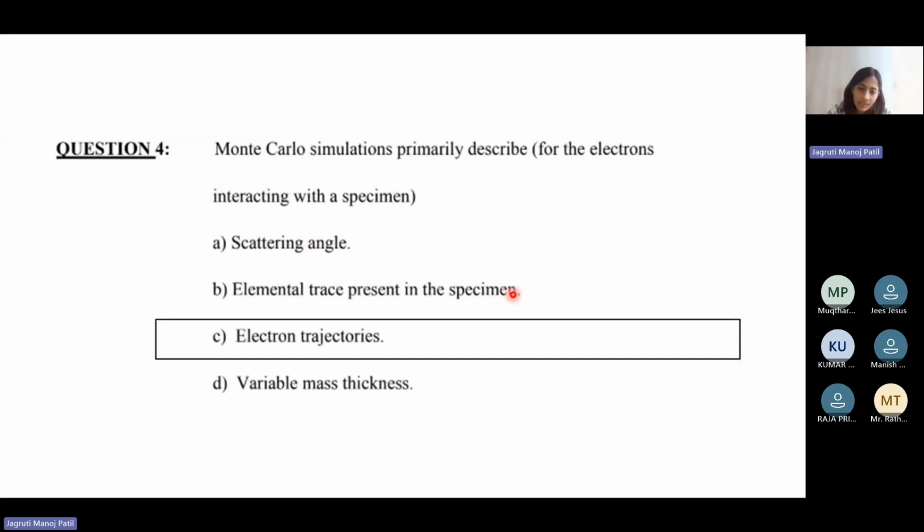The specimen is yours, so you should know what elemental trace it has. So because you are making the specimen, you just want to know what will happen after characterizing through it. And this type of microscopy is only imaging, so you know what actually is in it, so you can help the user provide these components into it. Mass thickness, you know about it, but the trajectories of electrons, how they pass, how they go through, how they're interacting with your specimen, is how we monitor in the simulations. Okay.